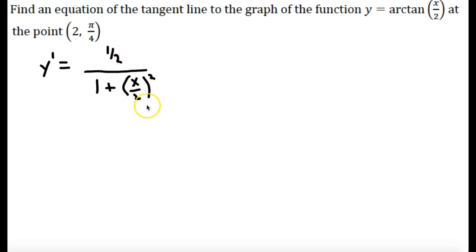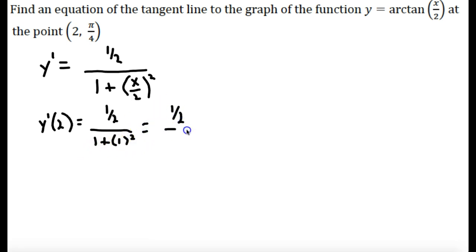Well, now I want to evaluate this at 2. So what we end up with here, y prime of 2 is 1/2 divided by 1 plus 2 over 2 squared. That's just 1. So 1 squared, so we get 1/2 over 2. Well, 1/2 divided by 2 would be the same thing as 1/4.